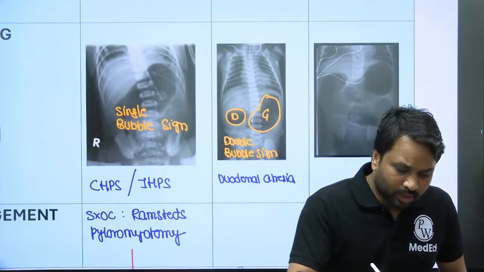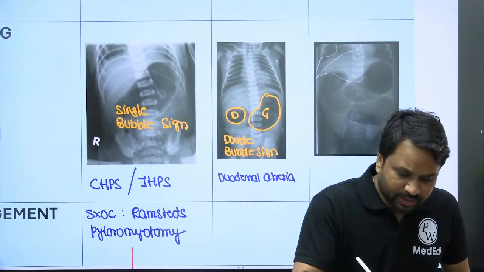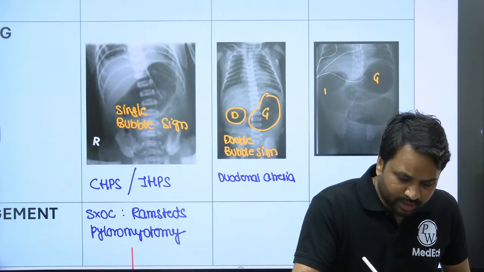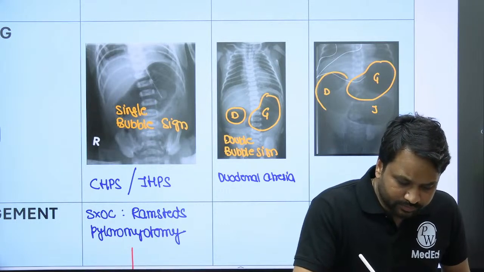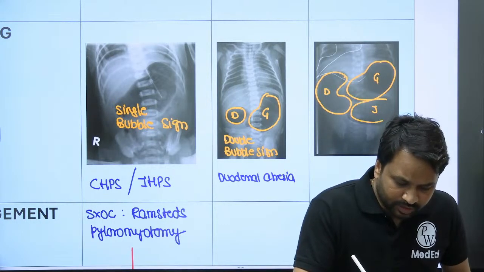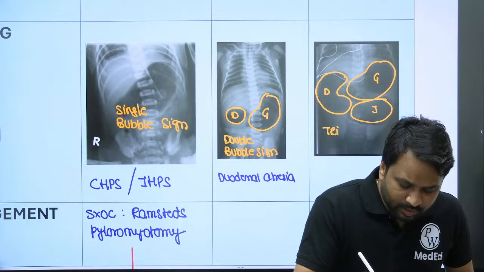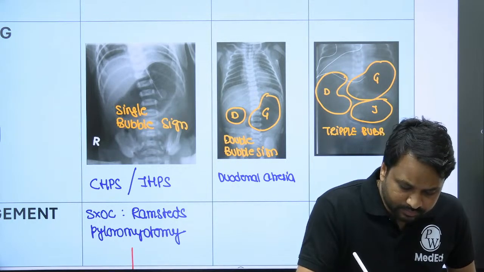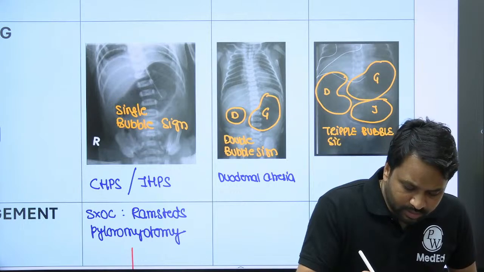But when you go ahead with the imaging, you can see this is the gastric bubble, this is a duodenal bubble, this is a jejunal bubble. So I have three bubbles here. This I would call the triple bubble. This is your triple bubble sign, right?